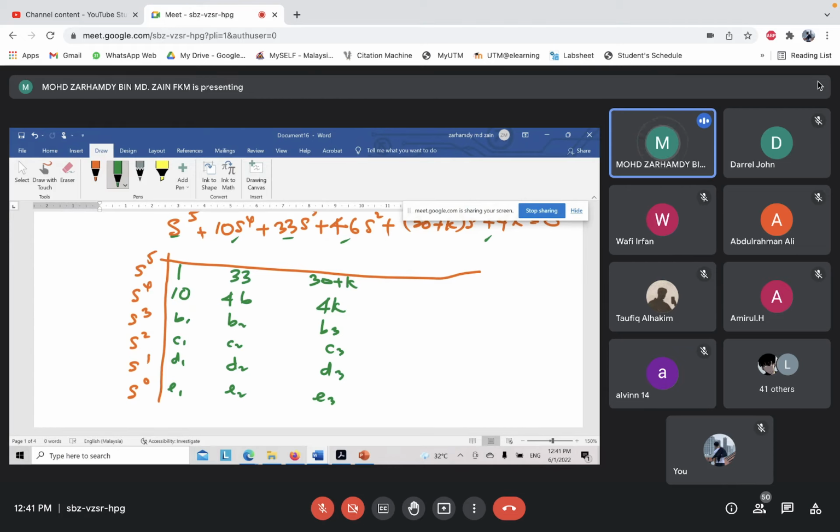Two marks. Taufik, want to try? Taufik? Lim?